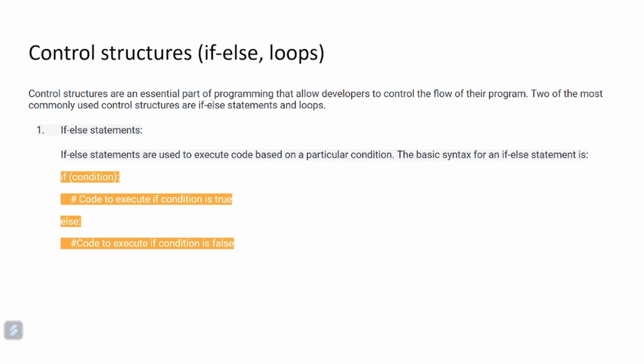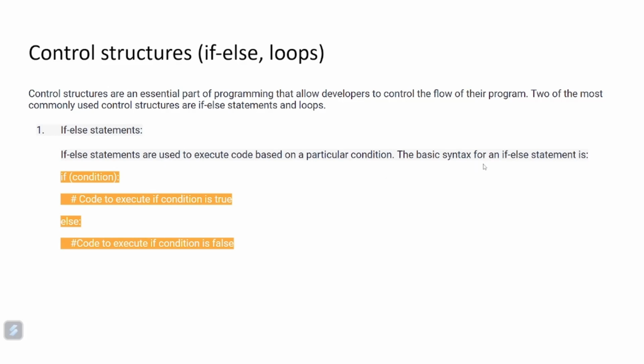Control structures: if else, loops. Control structures are an essential part of programming that allow developers to control the flow of their program. Two of the most commonly used control structures are if else statements and loops. Number one is the if else statement. If else statements are used to execute code based on a particular condition.